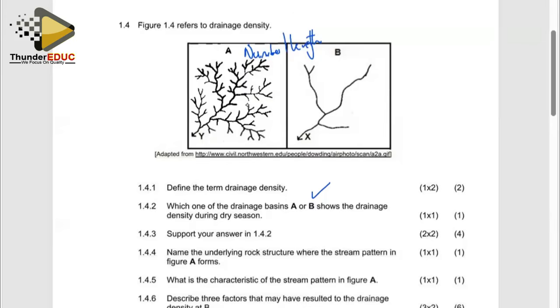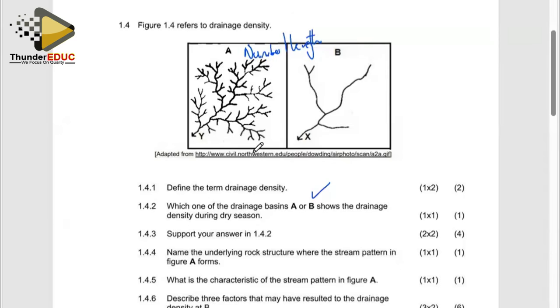For that reason, we support our answer by the fact that A has got more tributaries or more streams. So B, in this instance, if we look at B, the number of streams or the length of streams is now limited.